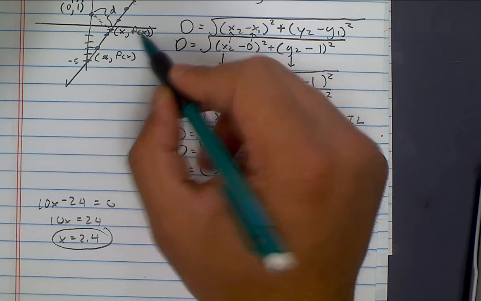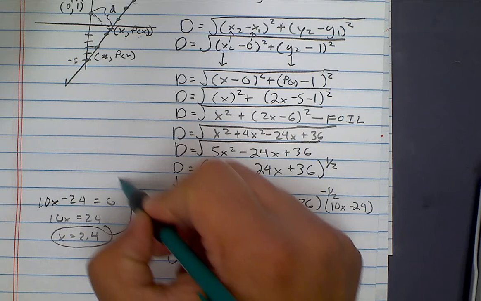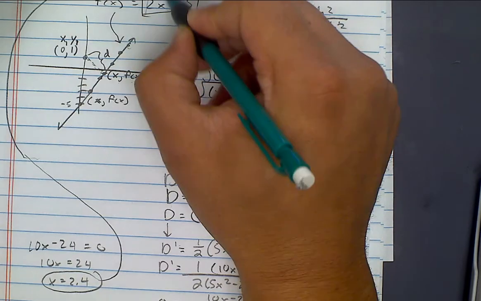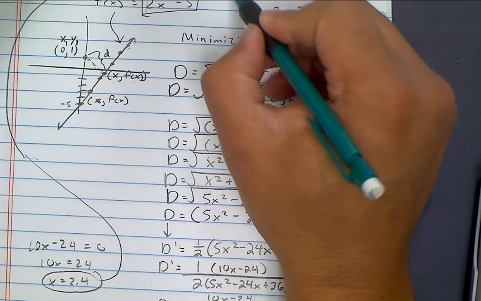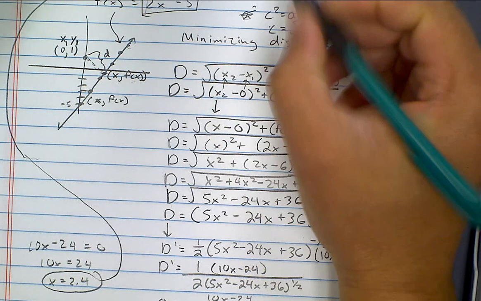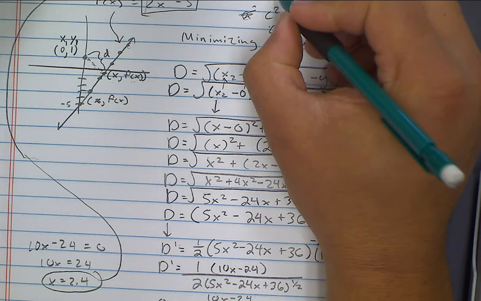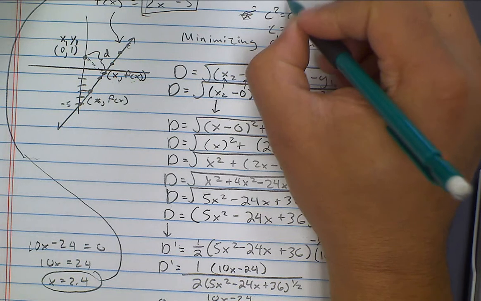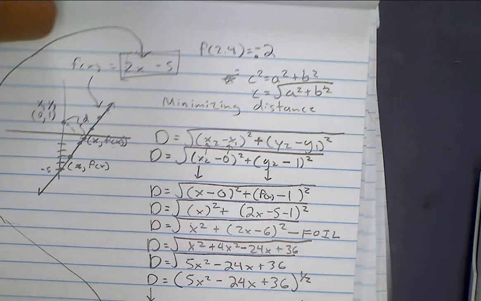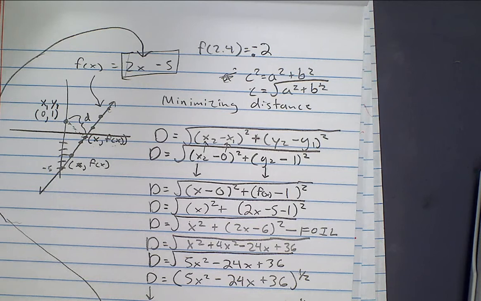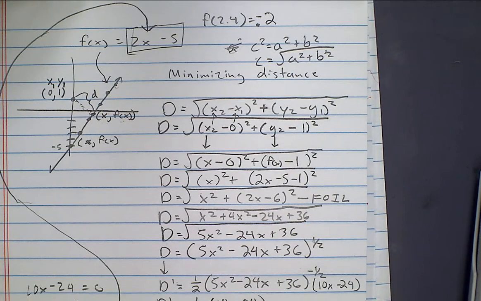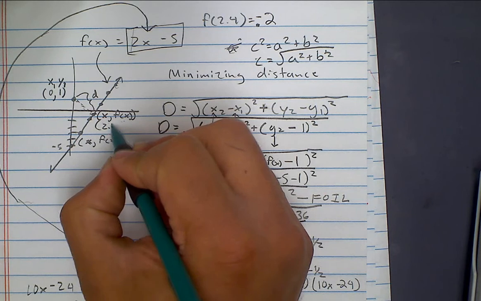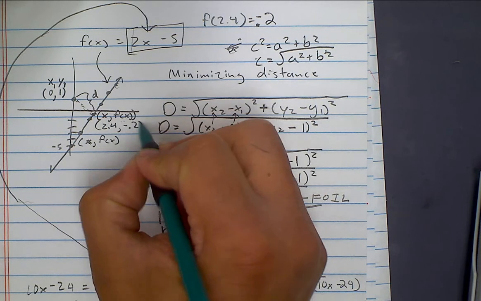We're going to substitute here to find my y. f of 2.4 is equal to 2 times 2.4, which is 4.8, minus 5, which is negative 0.2. So the point right here is 2.4 comma negative 0.2. And it looks about right.